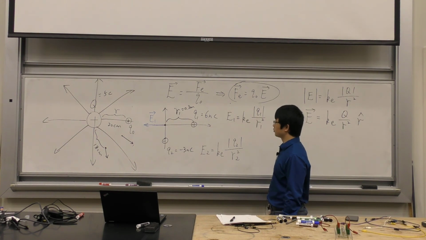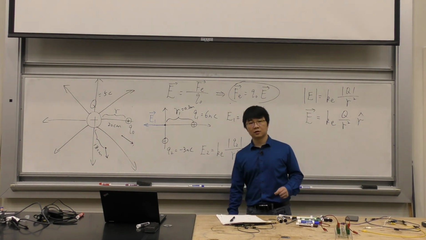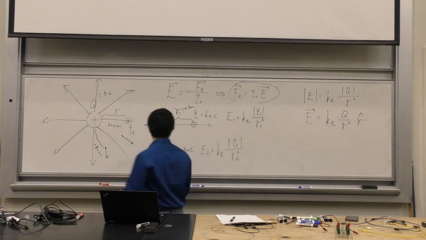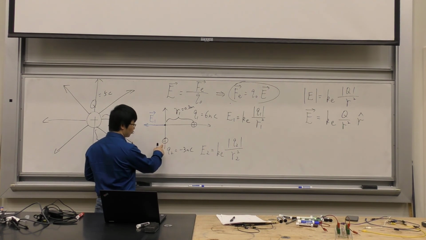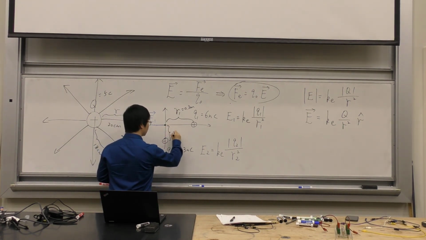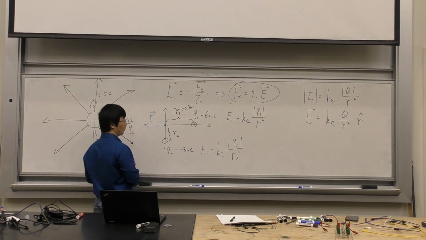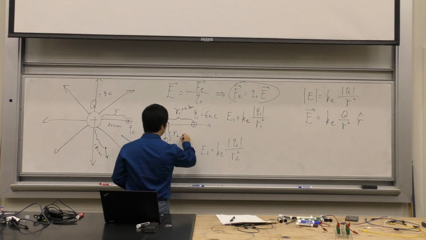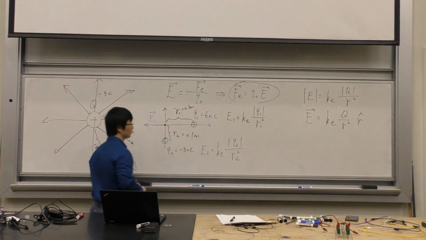R2, what is the definition of R2? The distance from the source charge Q2 to the point you want to calculate the electric field. This is the source charge. I want to calculate electric field at the origin. So this is going to be R2 I plug in. What is this number? Oh, the problem already tells us that number. 0.1 meter.